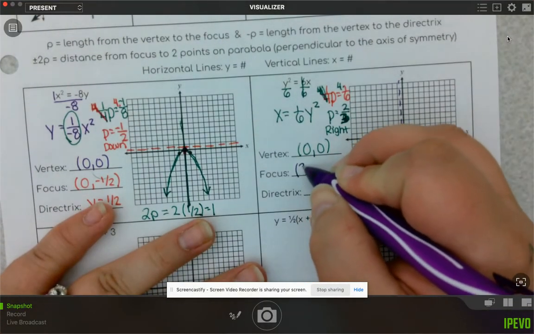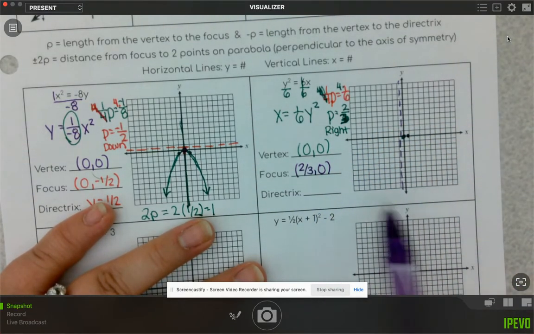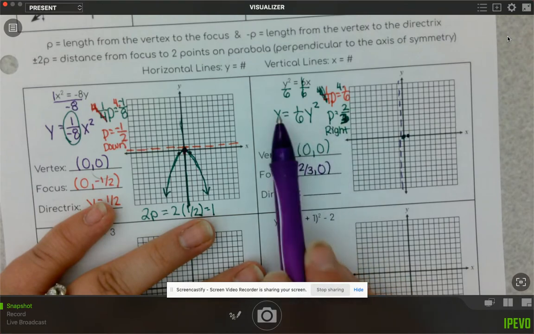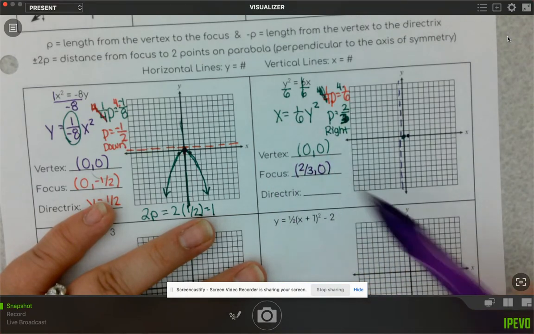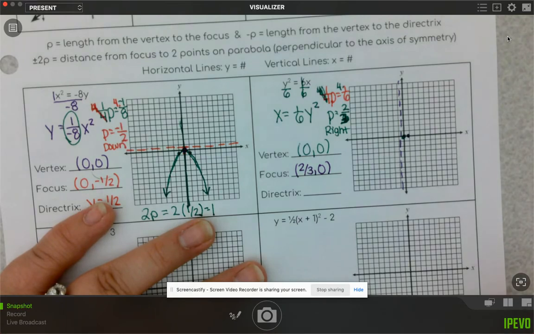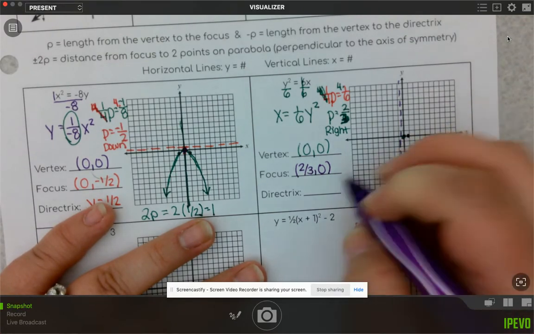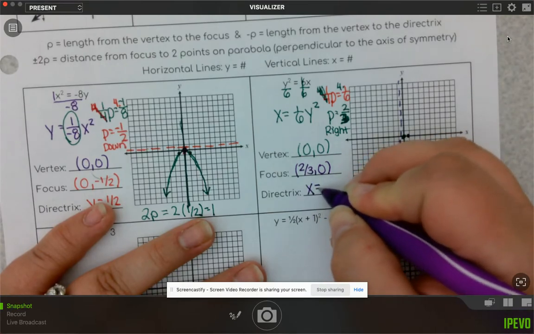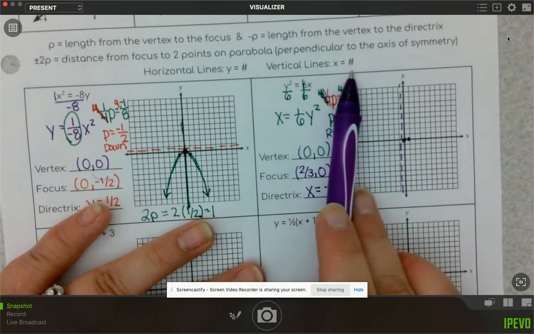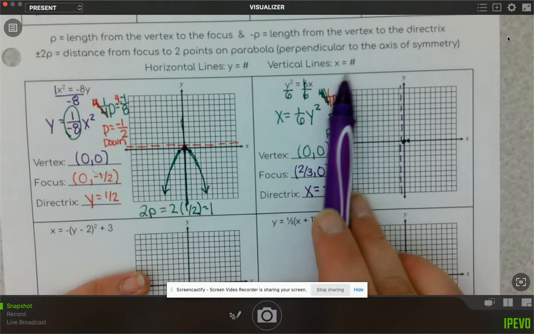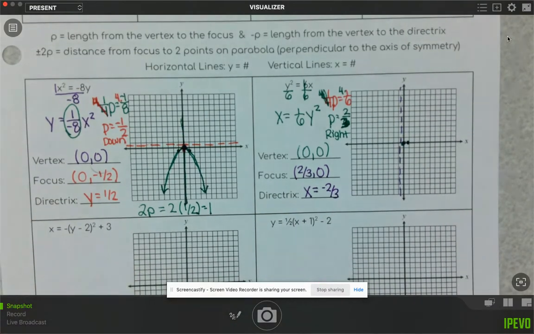So my focus is 2/3, 0. I can also calculate that myself by adding this number to the x value. The y value stayed the same. The directrix goes to the left 2/3, so that's at -2/3, and it's x equals because it's a vertical line, and vertical lines are x equals. Or use my little trick, if this is x equals, this will be x equals.